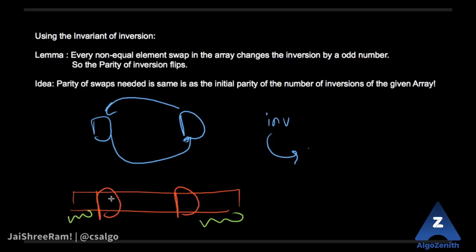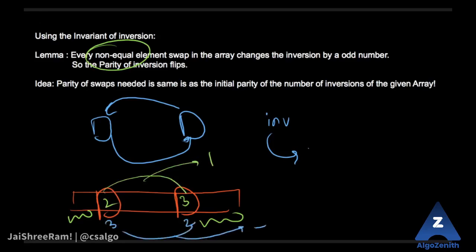Now, if these two were non-equal, and the first was smaller than the second, then swapping will introduce one inversion. If it was something like 3 2, then it would decrease the inversion by 1. So the inversion flips.